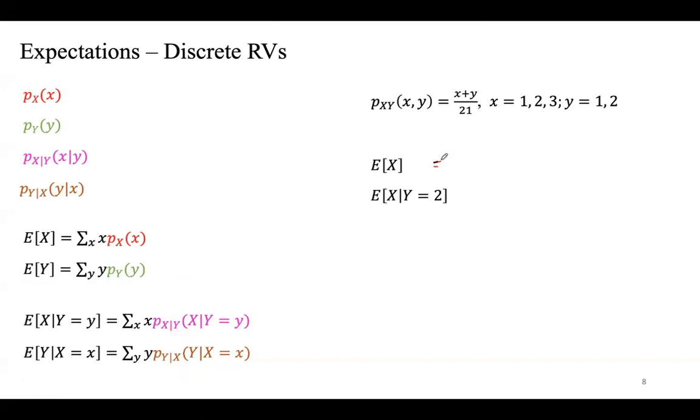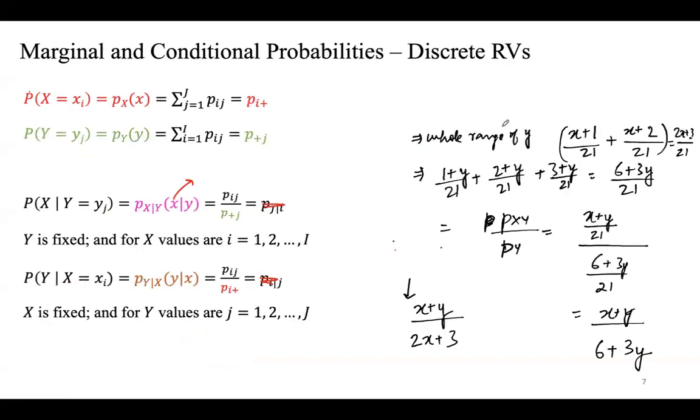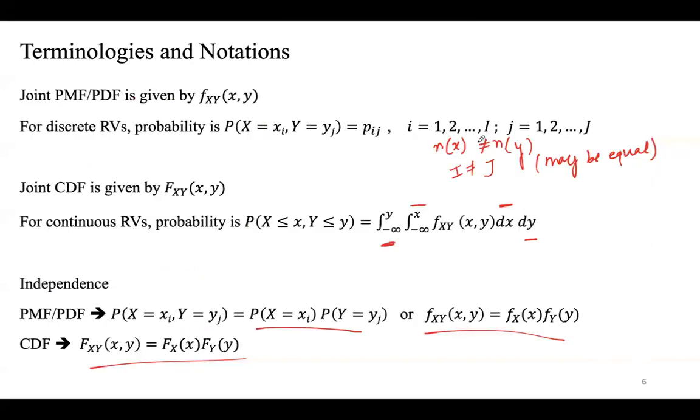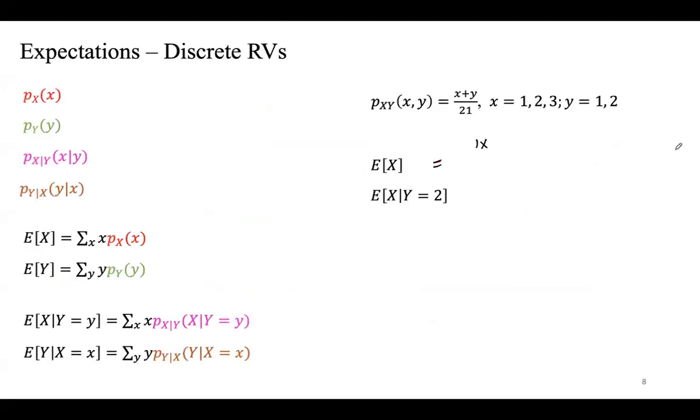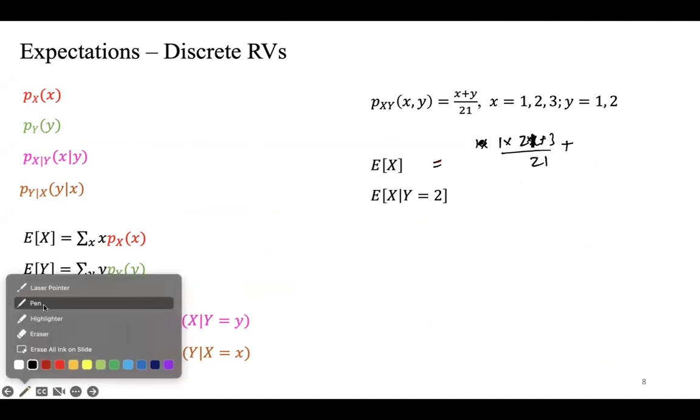Ma'am, summation of 1 into p x plus... So this one, right? This thing. 2x plus 3 by 21. Yes. So this is going to be 1 into 2x plus 3 by 21. Yes, plus 2. Oh, this is going to be 1, right?